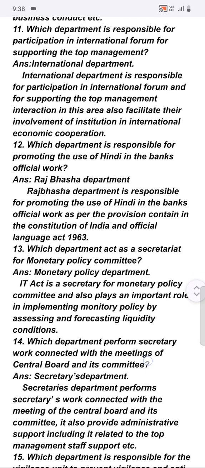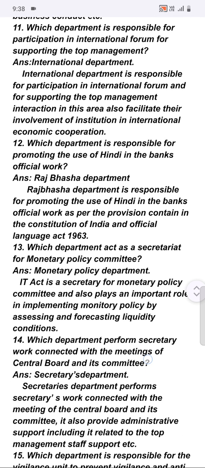Number 13 question. Which department acts as a secretariat for the Monetary Policy Committee? Answer is Monetary Policy Department. Sorry, it is not IT, it is MPD.